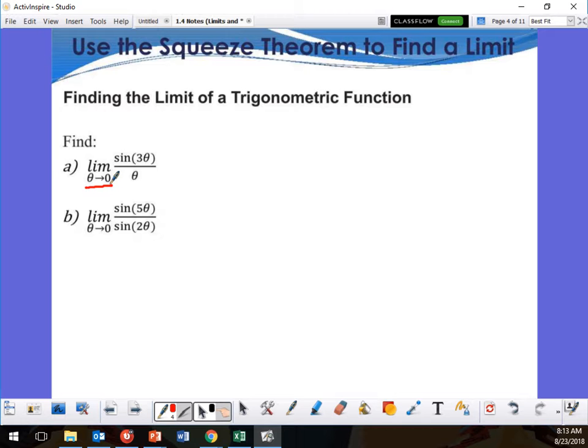So I'm going to start off with multiplying. We're going to take this, sine of 3 theta over theta, and multiply 3 over 3. By multiplying top and bottom by 3 over 3, that's going to give me the same thing here and here, because I want to have the same thing there and there.